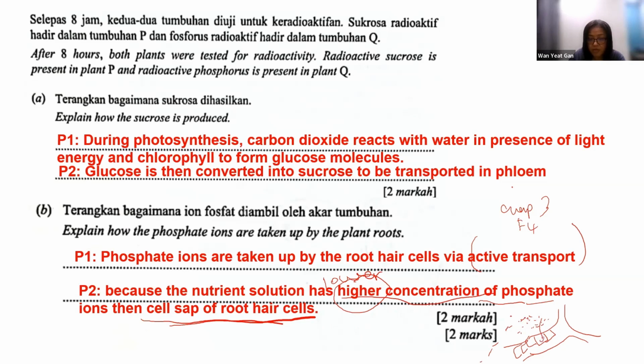So it needs to be taken by active transport. Although you put in a high concentration of phosphate ion in the soil, the transport is still by active transport, transporting the ion into the root hair cell.